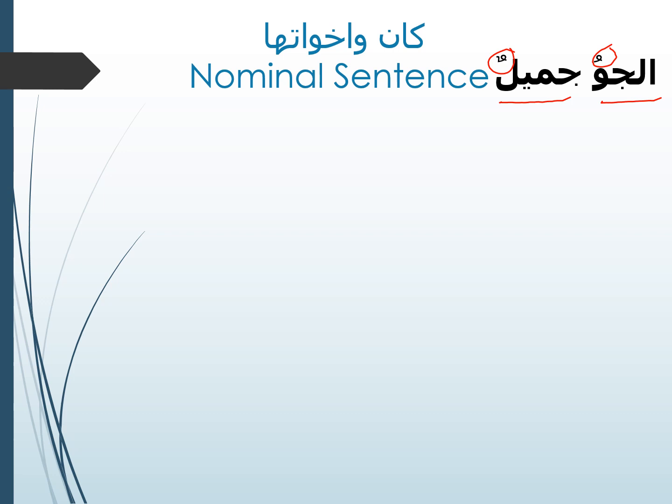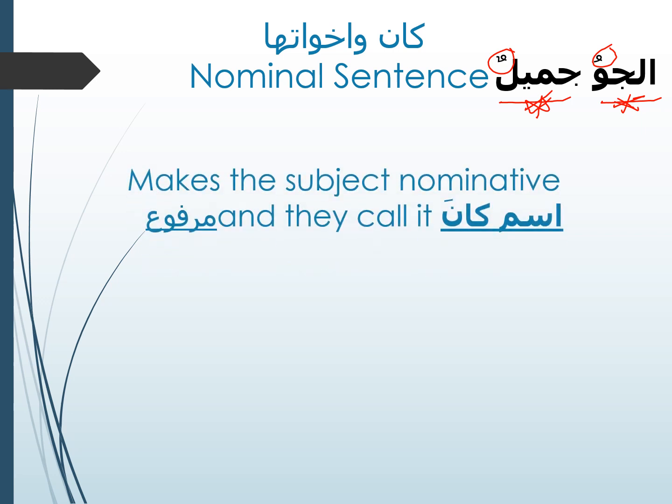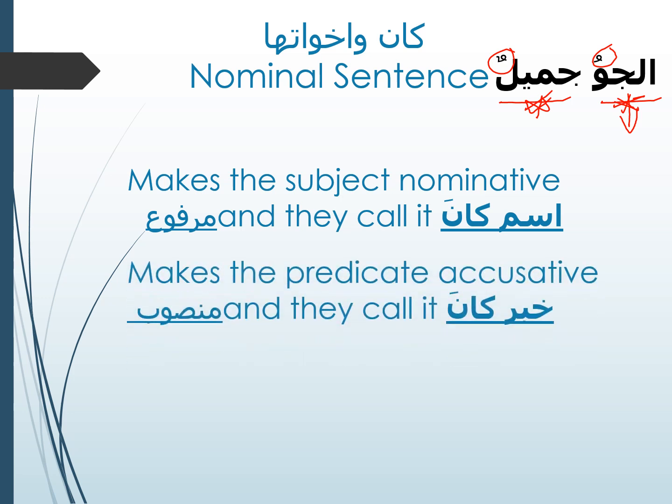Now remember, we call this subject and we call this predicate, مبتدأ خبر. Let's see what happens when kana enter the nominal sentence. When kana enter, we call the subject اسم كان and we call the predicate خبر كان.